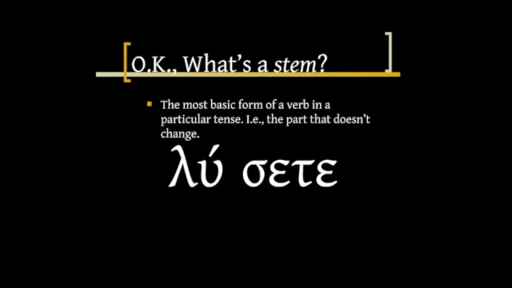And so in the future active indicative, we get that sigma. So the stem is that part of the verb that just never changes. And so to find the stem, you just remove the extras.